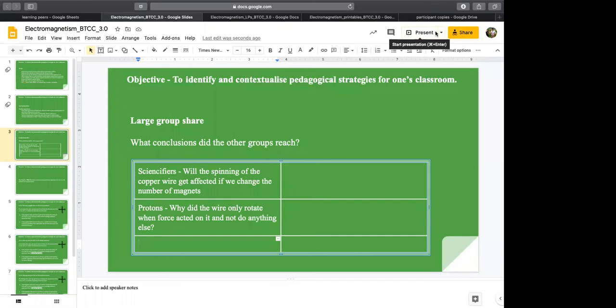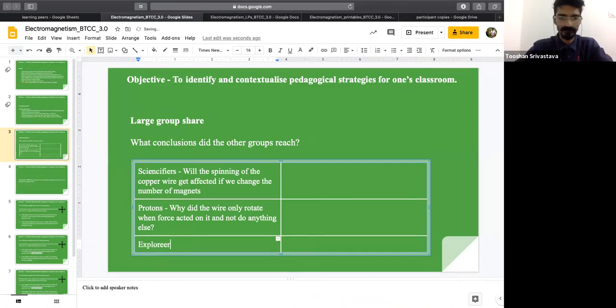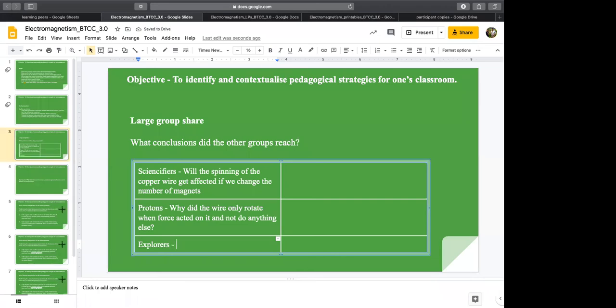Yeah, sure. Thank you. I was in a group with Chunky Kumar and Dava, and our group's name is the Explorers. Okay. What would you like to explore? So we had a couple of questions. We also came up with a hypothesis. First of all, our question was something that we answered in the group as well.